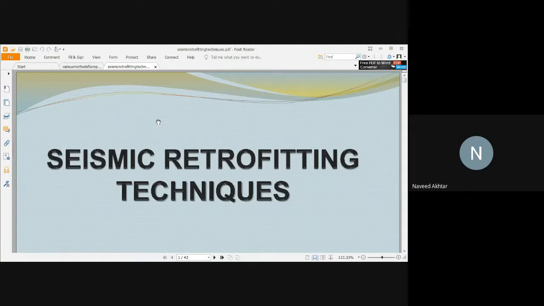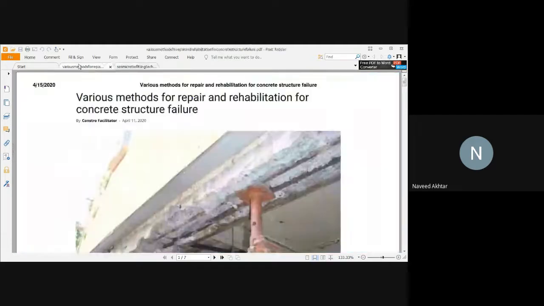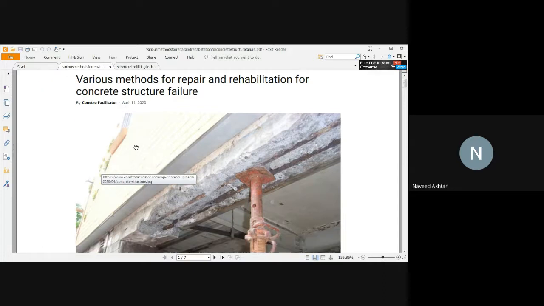Repair of the concrete is repair and maintenance of the concrete structure. Retrofitting is the technique we can use for the repair of the structure where seismic activities are involved. Already we have seen various methods for repair and rehabilitation of concrete structure failure.